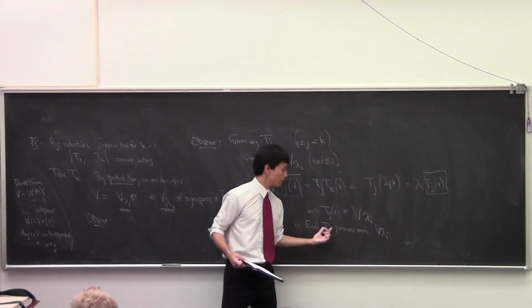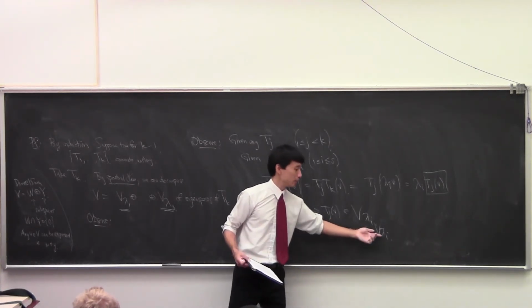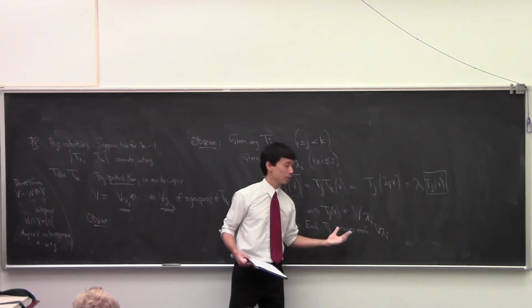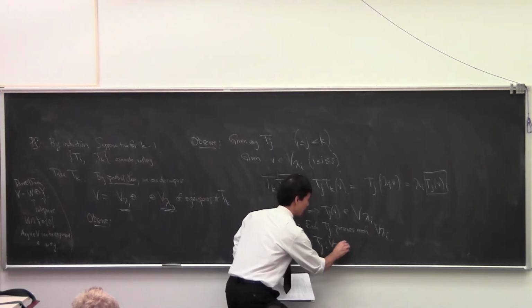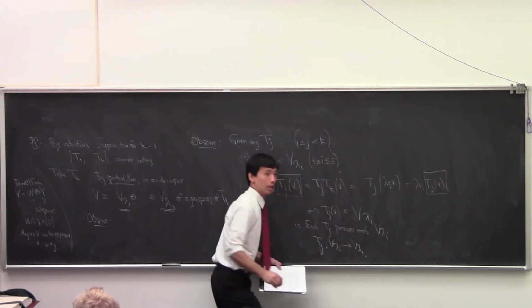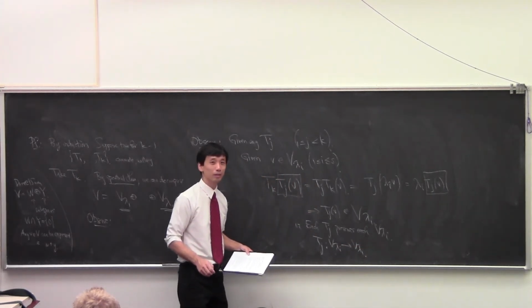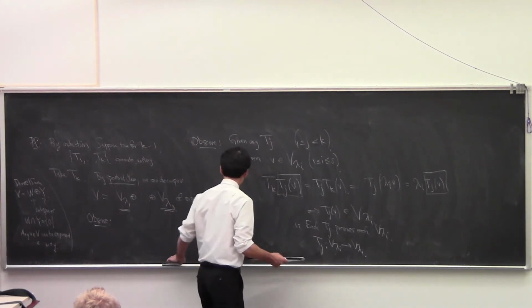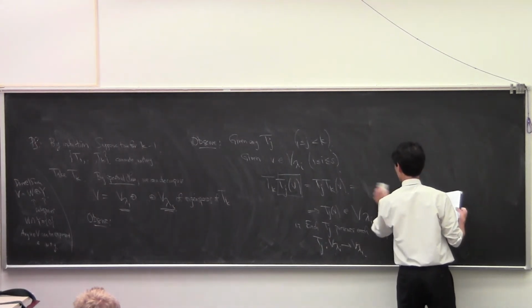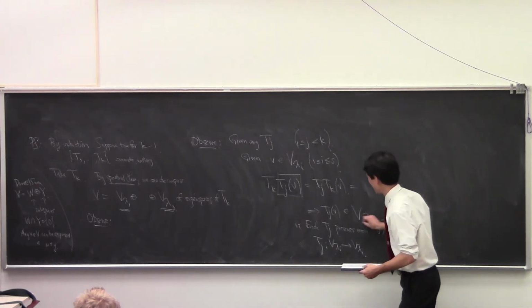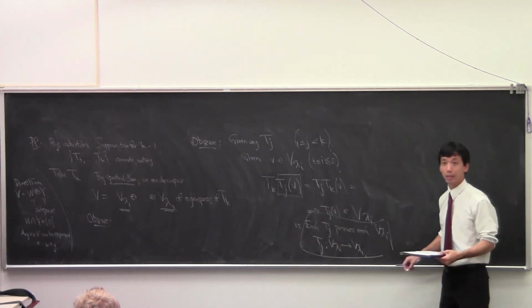Because it's not the case that when you hit this guy, it goes out into some other space, right? So each of the Tj maps the V lambda i back into the V lambda i. Okay, so this is really the key, and this is where the commutation comes in.